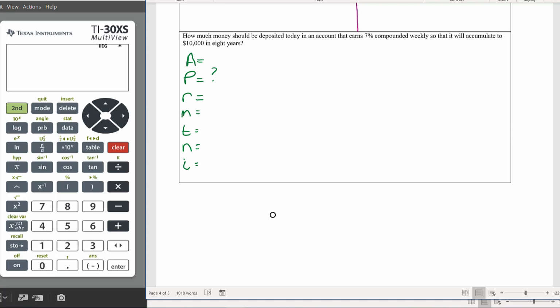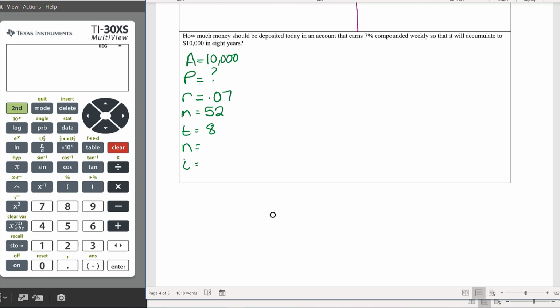In an account today that earns 7%, so that's rate 0.07, compounded weekly, so there's 52 weeks in a year, so M is 52. So that it will accumulate $10,000, that's your future value A, in 8 years, so T is 8.